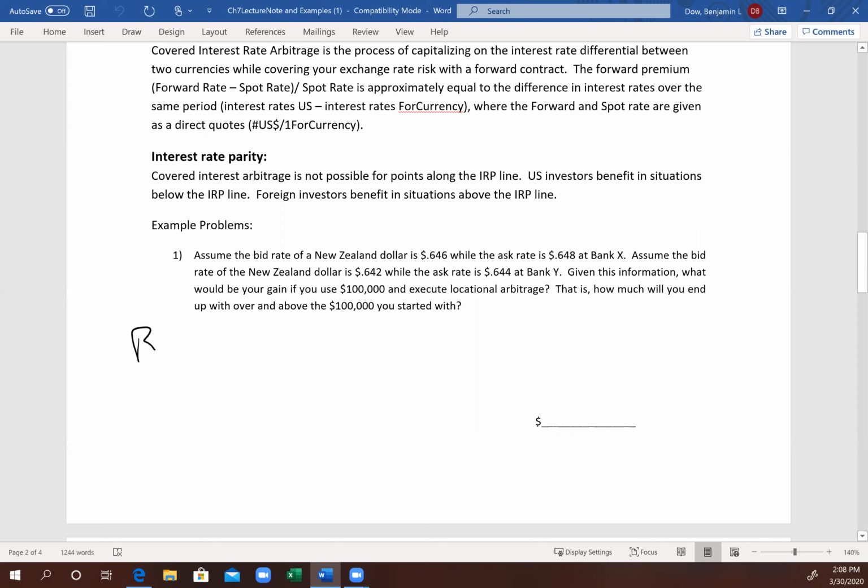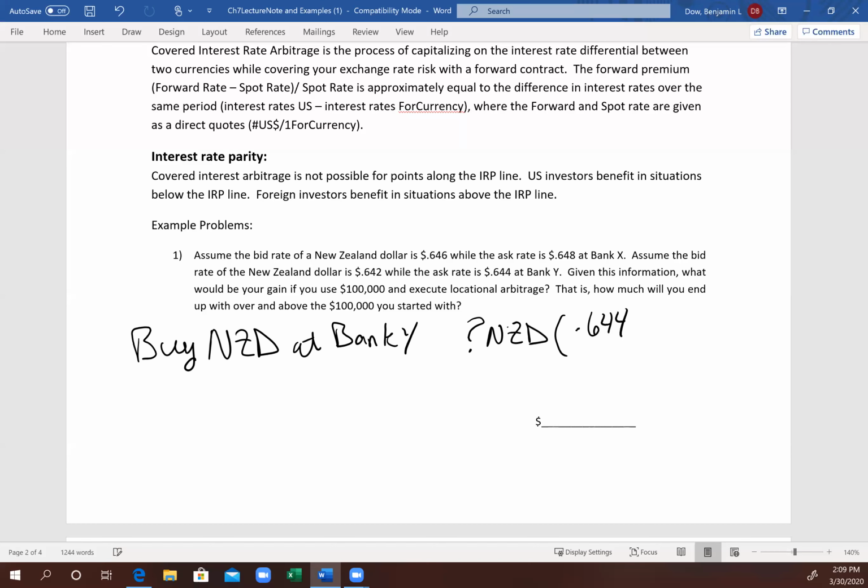So if we start out, what we want to do is buy as many New Zealand dollars at Bank Y as we can. If we have $100,000, the question becomes, how many New Zealand dollars can we buy if the exchange rate is 0.644 US dollars for one New Zealand dollar?